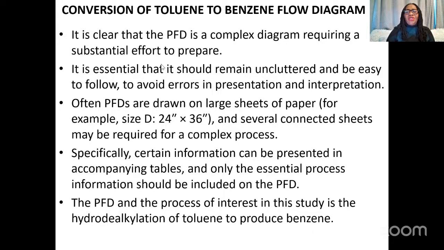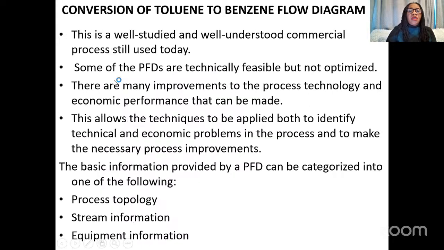So that's the particular process flow diagram we are studying today. This particular flow diagram for the conversion of toluene to benzene is very well studied and well understood as a commercial process that is even still used today.